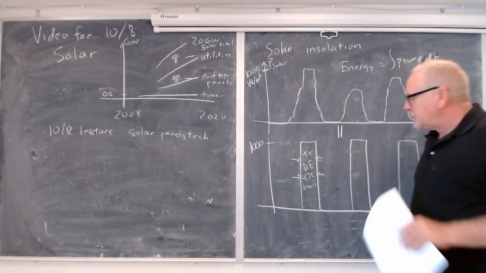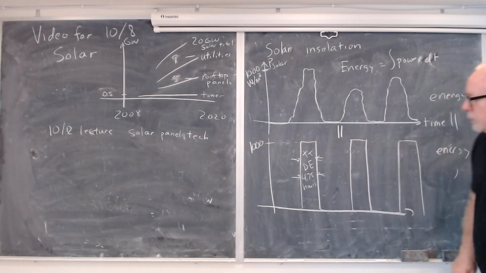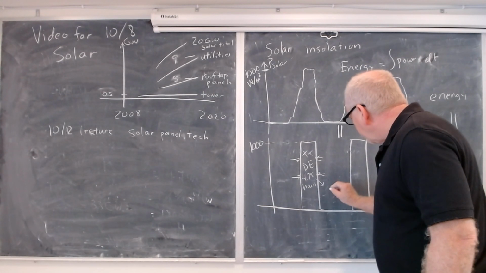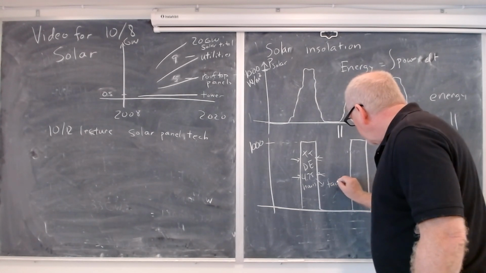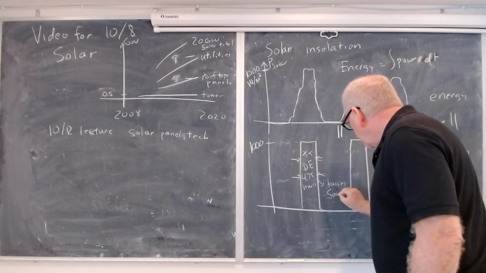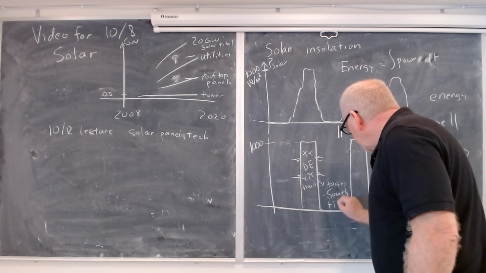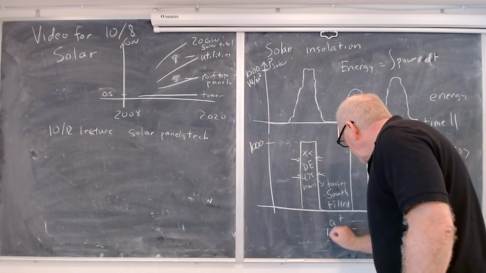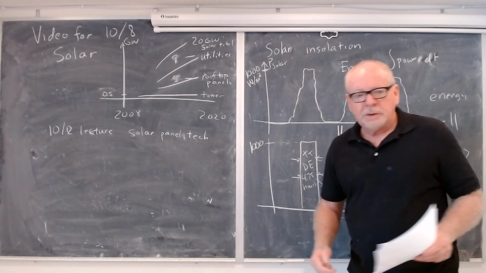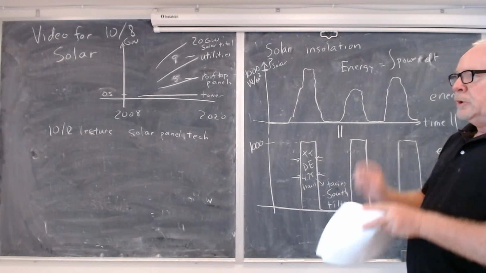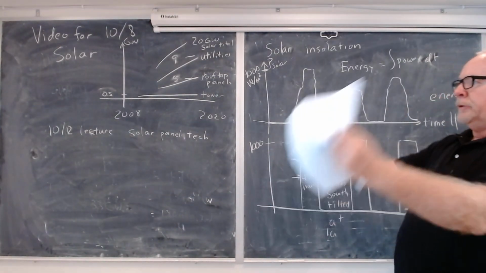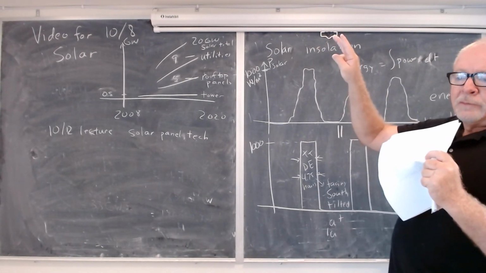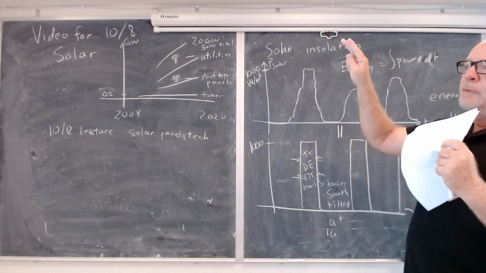That's for facing south and tilted at latitude. That basically means that you put up your solar panel, you faced it directly south and you tilted it so it was pointing up at whatever latitude you're at, which here is around 40 degrees.